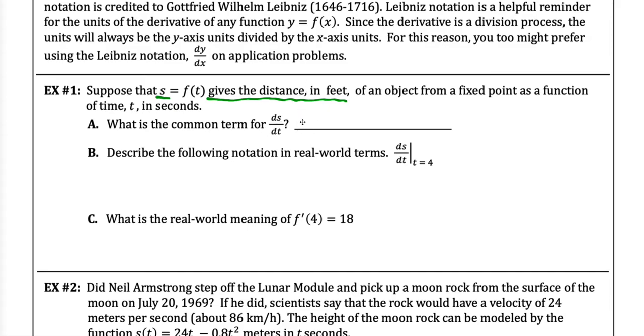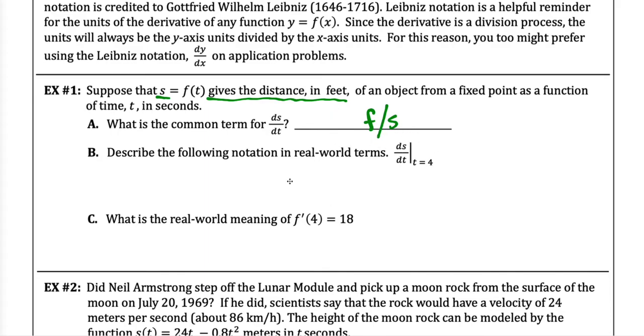So this is going to be distance per time, so feet per second. You can basically read it as it says: ds dt is the rate of change of the distance compared to the time. It's like saying delta S over delta T. So it's slope.